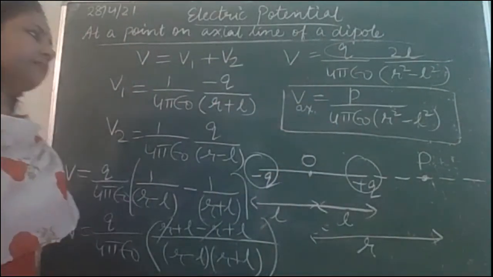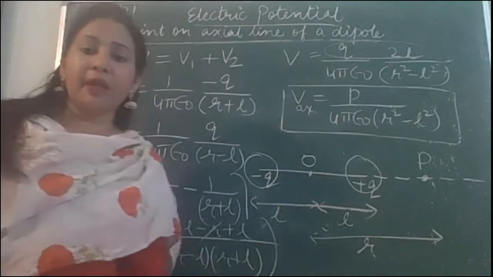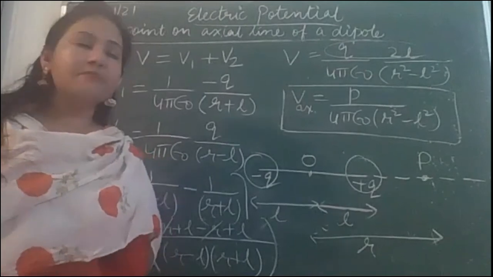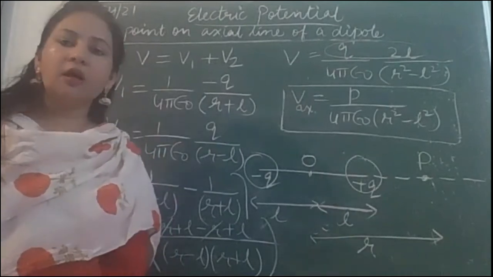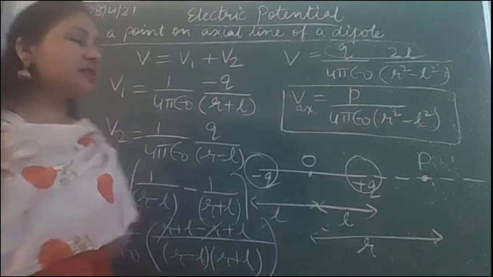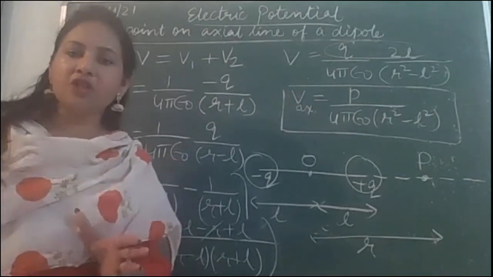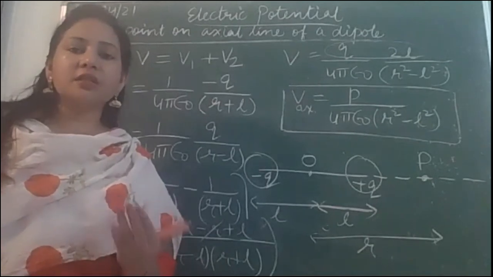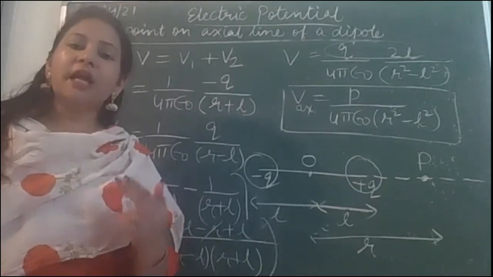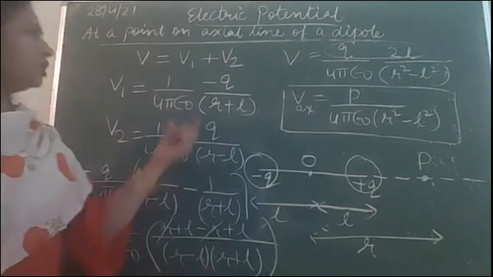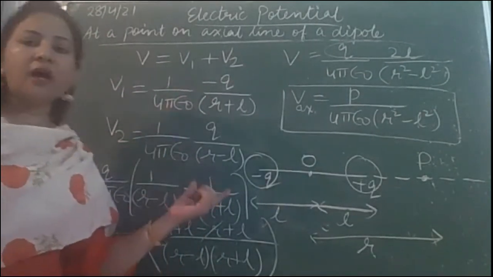Learn this formula. We can have straightaway numericals based on this formula as well. So remember, this is P over 4 pi epsilon naught into R square minus L square. Whenever we have a formula for a point charge, the dependence on distance increases with one more power when we have a dipole. In potential, our basic formula was kq by r.